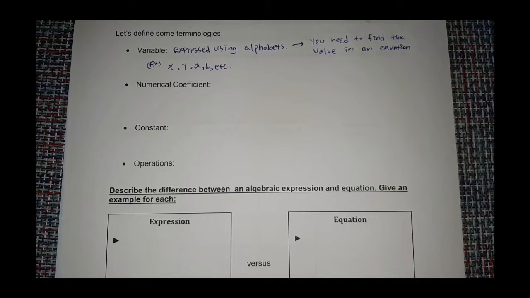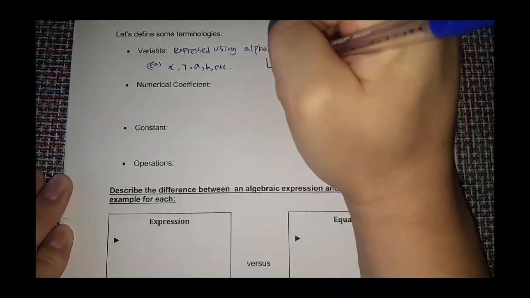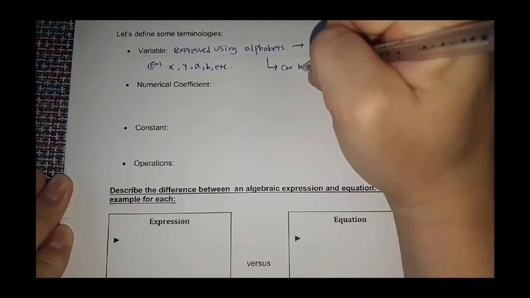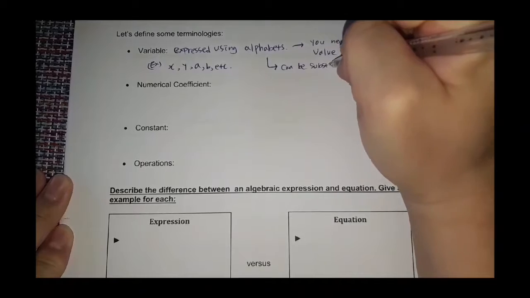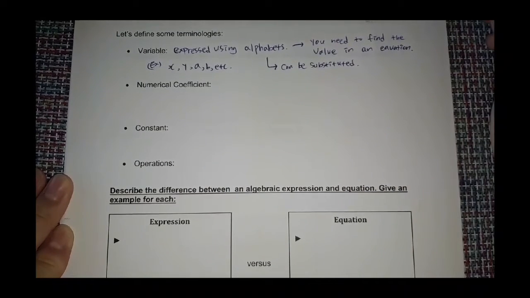So please have that in your mind. Variables play such a huge role. And variables are also the ones that can be substituted. What I mean by that is if x is equal to 3, we can substitute that value inside.